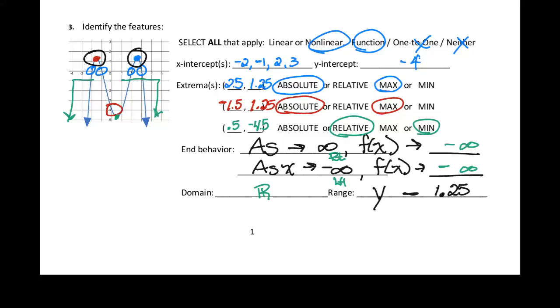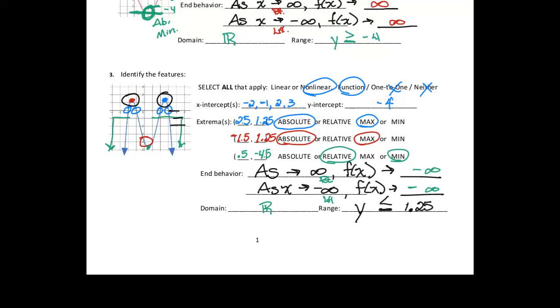And then all the other y values, are they going up or down? They're going down, right? Here y is 0, -1. So it's going to be less than or equal to. Okay? Less than or equal to. All right. Well, we got the first page.